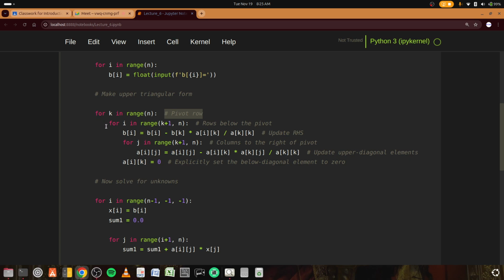Then for i in range k plus 1 to n, the bi value is equal to bi minus bk into aik divided by akk. In this line, first we are updating the right hand side, or the non-homogeneous part, right?